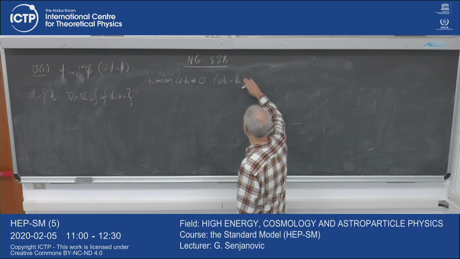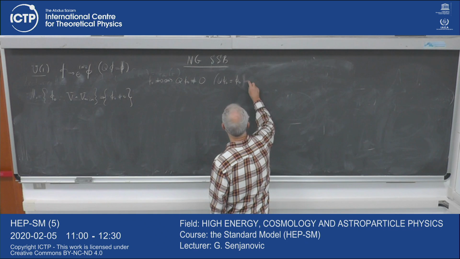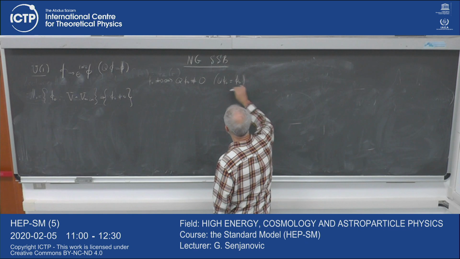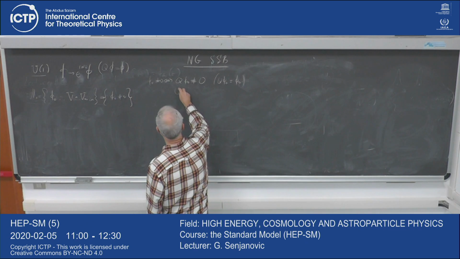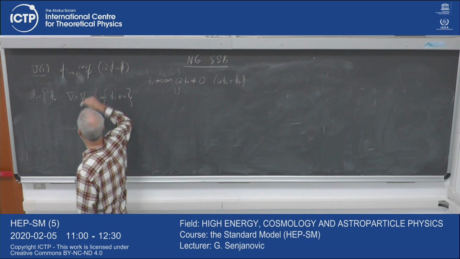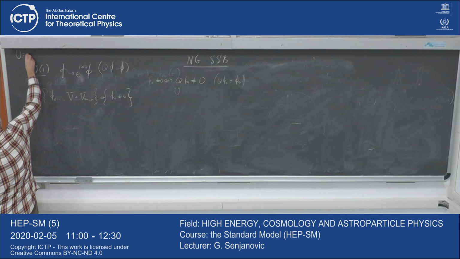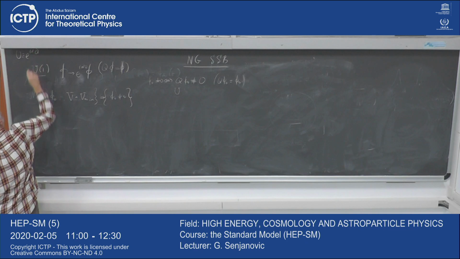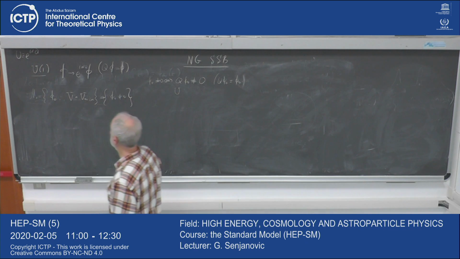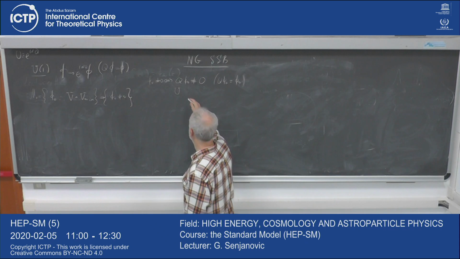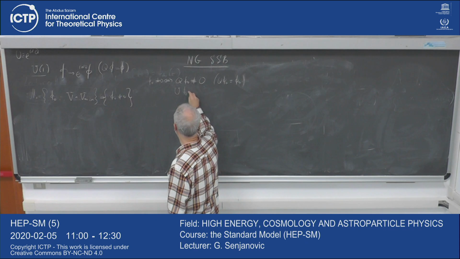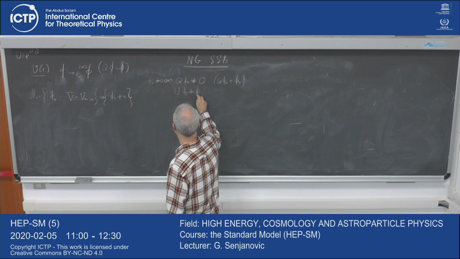This is also equivalent to U acting. I should never forget to introduce U, e to the i alpha Q, my U(1) unitary transformation. So U acting on phi 0 is different from phi 0.